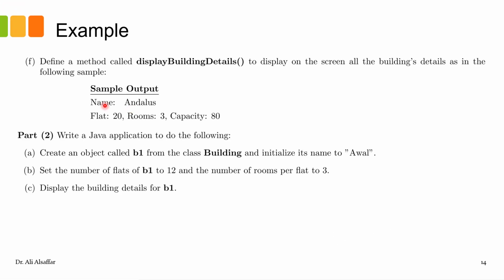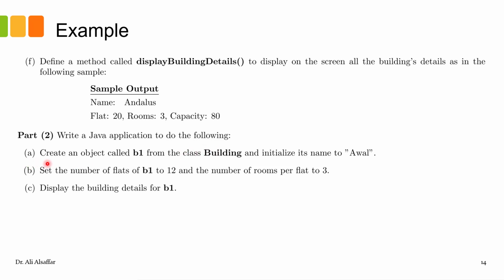Next is part 2. For part 1 we have defined the class. Now in part 2 we need to define another class for the main program to create objects from the part 1 class. So let us see what is required in this part. It says write a Java application to do the following.